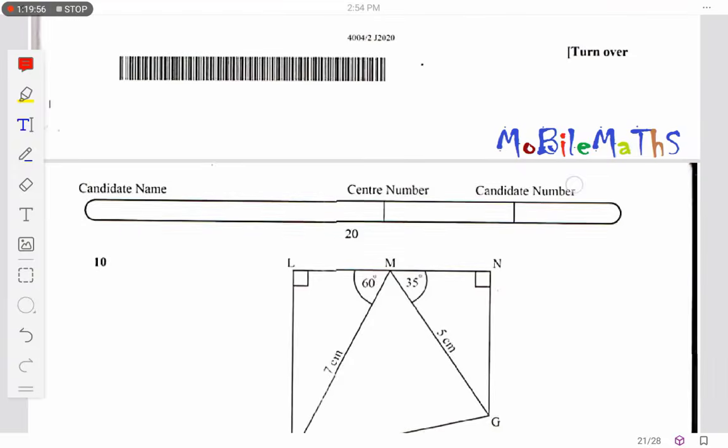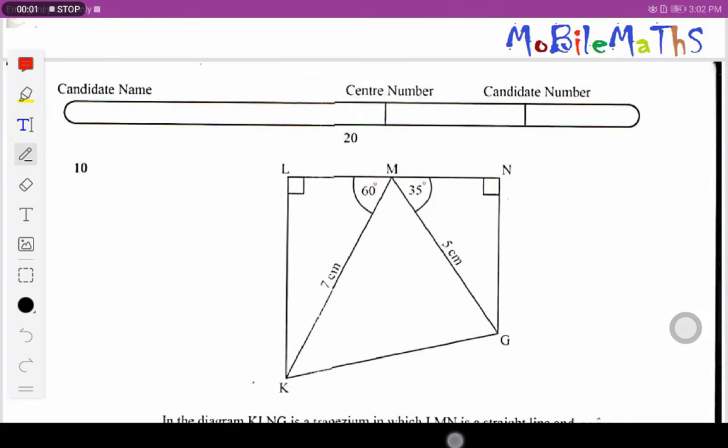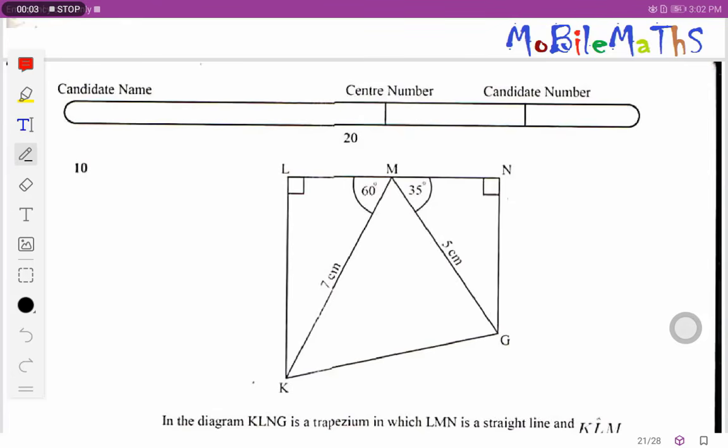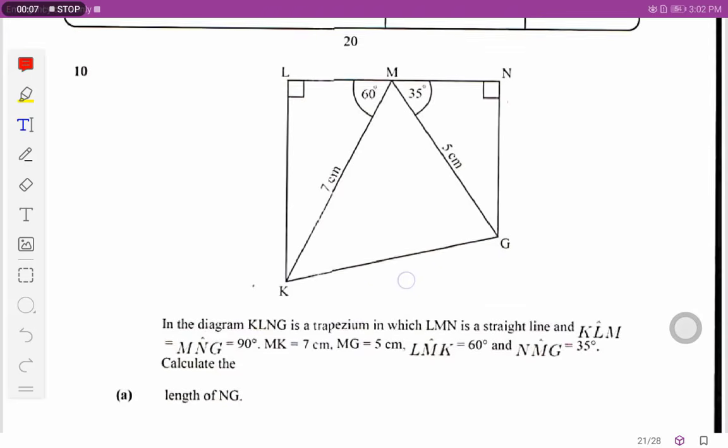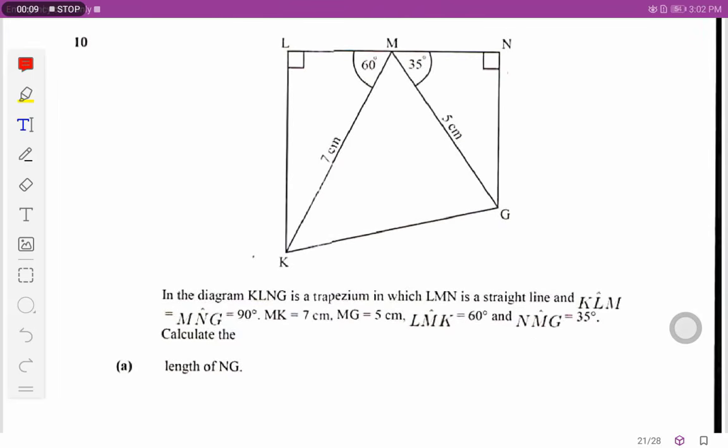Let's move on to number 10. And now let's go to question number 10. Okay, question number 10 is saying, in the diagram, KLNG is a trapezium in which LMN is a straight line, okay?